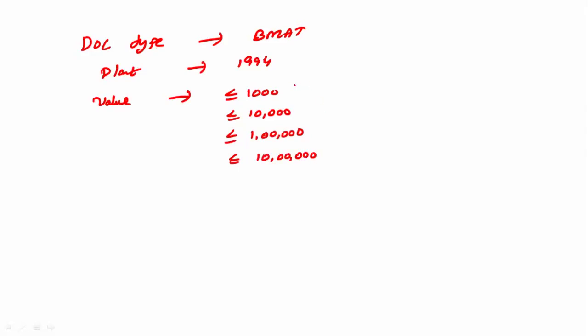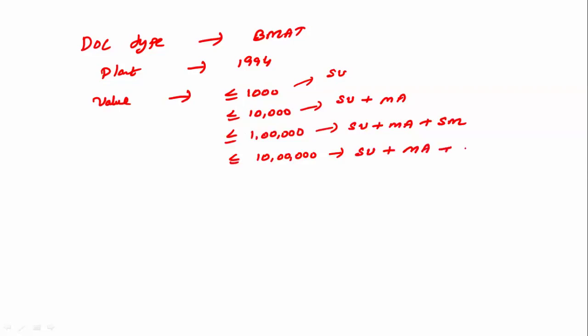If it is less than or equal to 10,000, then it should go for supervisor. If it is 10,000, supervisor plus manager. In this case, supervisor plus manager plus senior manager. In this case, supervisor plus manager plus senior manager plus the director. So this is the condition.